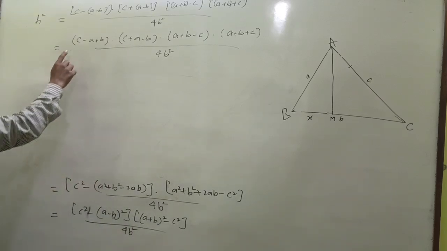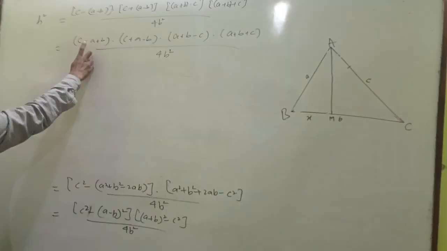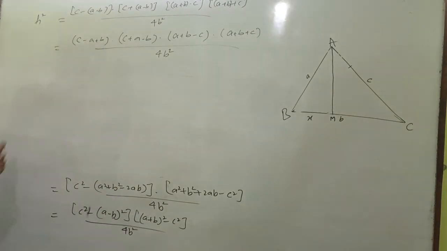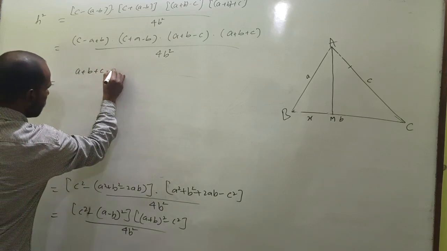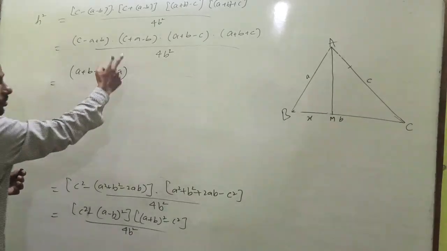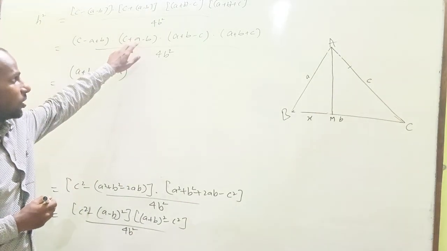Now add a in these terms and subtract a. So after doing that, this will become a plus b plus c minus 2a, and then this one, add and subtract b into these terms.